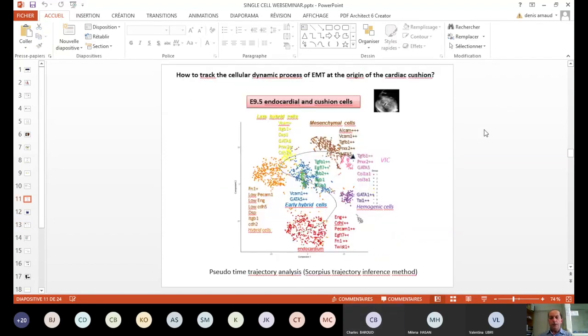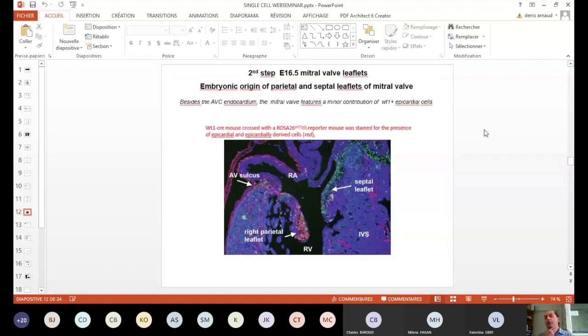So then we go to the E16.5 mitral valve leaflet that we dissected. And this is something interesting, is that beside this AV canal that I was talking about, which is one of the main embryonic origins of the valve, there are some cells later on which can migrate into this valve, and they are coming from the epicardium.